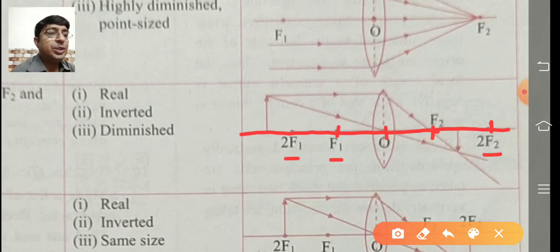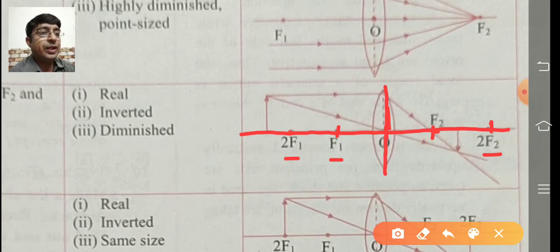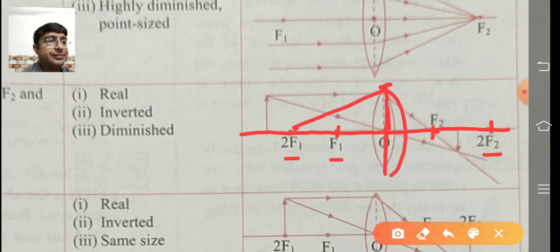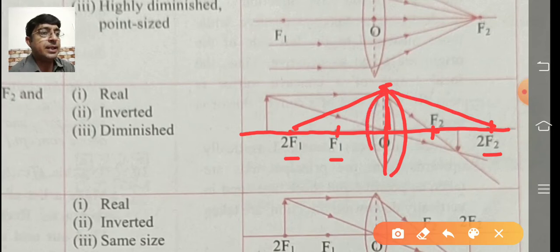Then from 2f1, draw one line, 3 centimeter above and 3 centimeter below, and take this distance in your compass and draw the arc. Same from 2f2, take this distance in your compass and draw the arc.